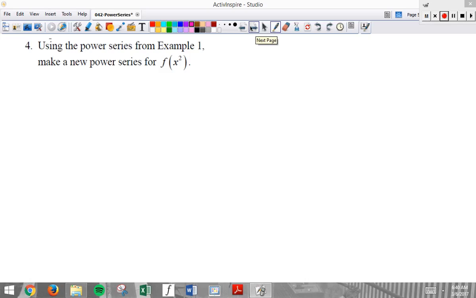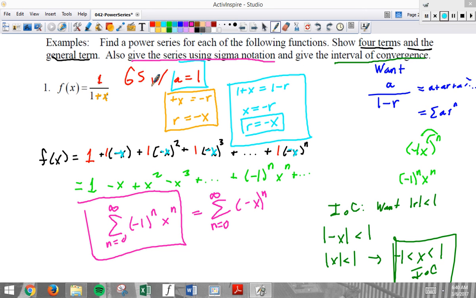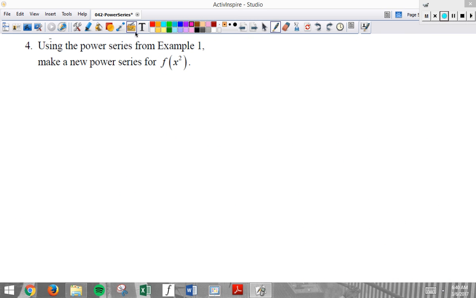Okay. Using the power series from example 1, let's make a new power series for f of x squared. This is going to be power series by substitution. So I look at this. The key thing, I'll just write it down over here, was that f of x in the interval of convergence was 1 over 1 plus x.